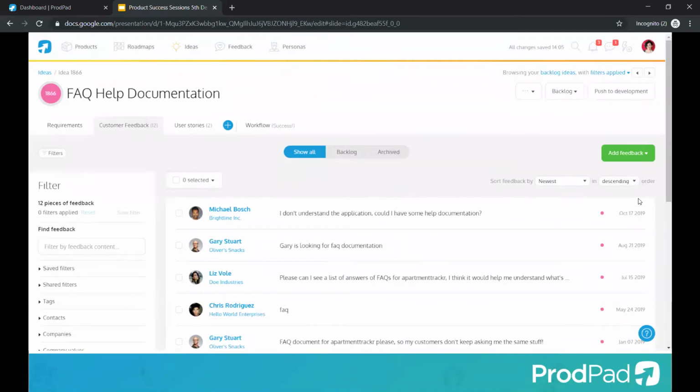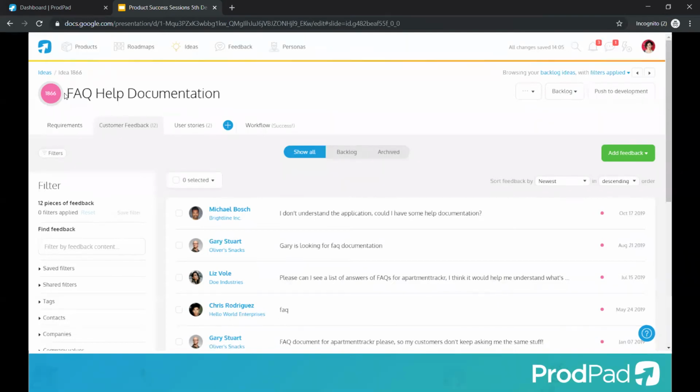Maybe it's not really feedback that you can do anything with, so you archive it. But the main thing to do would be to add it to an idea, either an existing idea in your backlog, or create a new idea off the back of that feedback. So you're building up that evidence of a need. One piece of feedback could be connected to multiple ideas, but it helps build up that evidence base and helps you with prioritization.